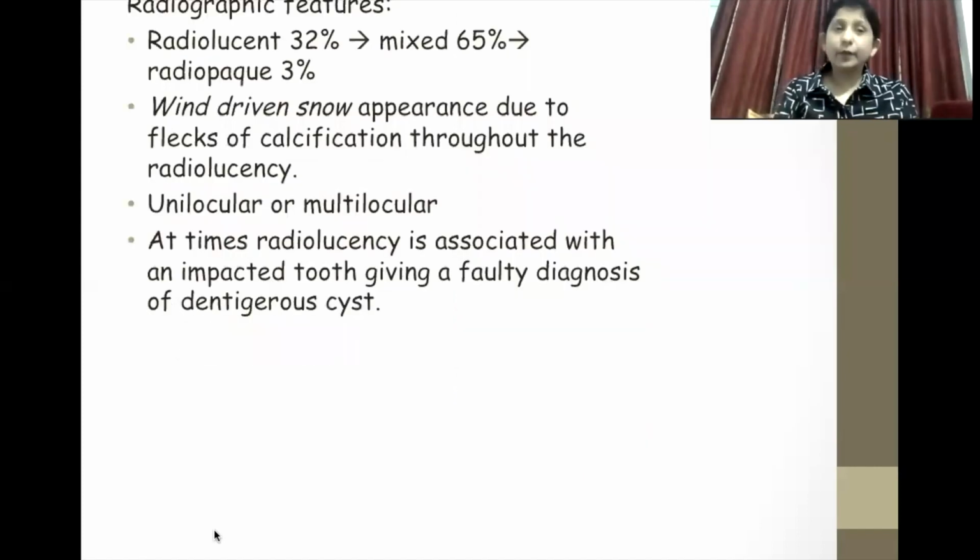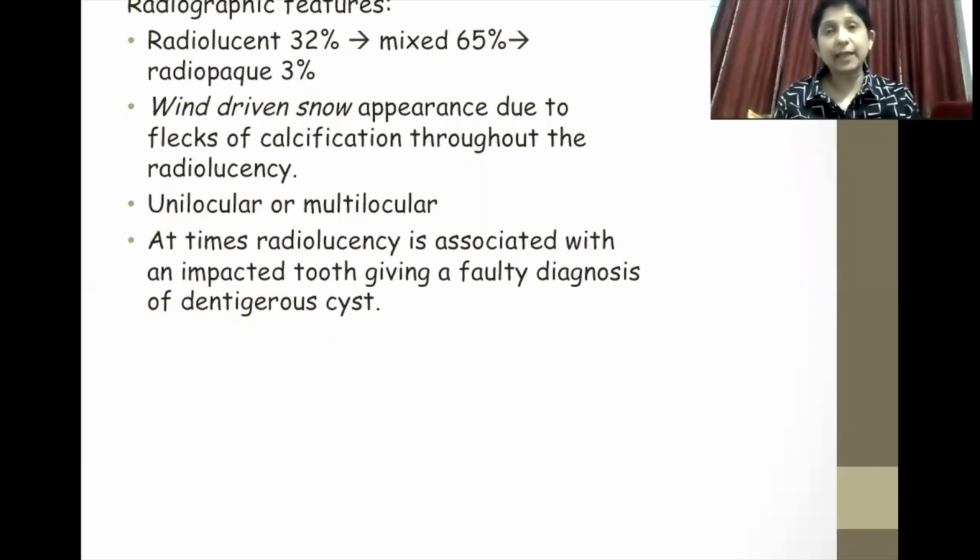So coming on to radiographic features, this tumor would actually show a range of radiographic features, starting from being radiolucent to mixed to radiopaque. Now, some tumors are radiolucent. That will be the initial phase of the lesion where there is radiolucency. So 32% of the tumors which we come across will be radiolucent, and most of them will be mixed radiolucency.